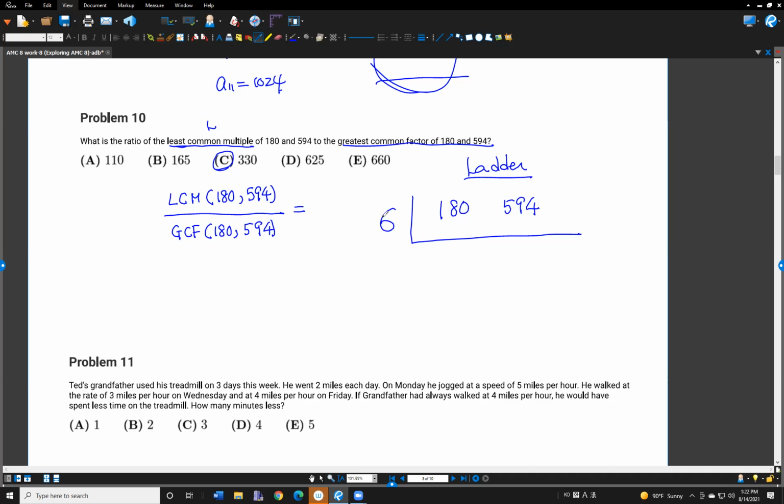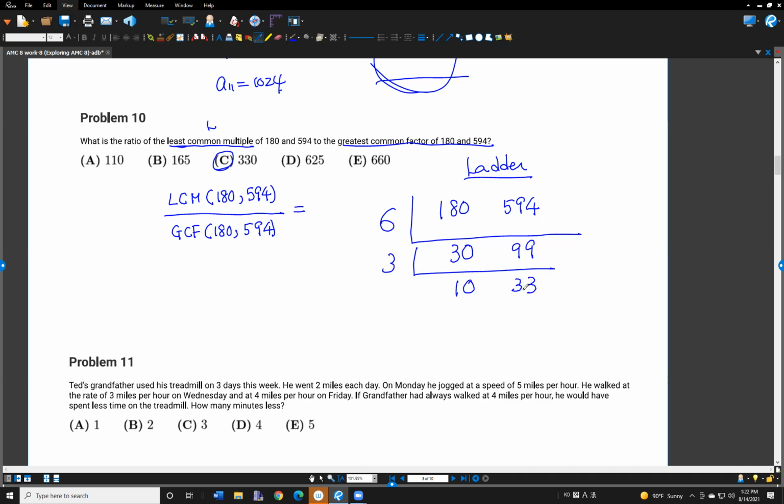A little big number. This is 180 divided by 6 is 30. 594 divided by 6, how much? 99, right? Now you can divide by 3 again. That is 10, that is 33.